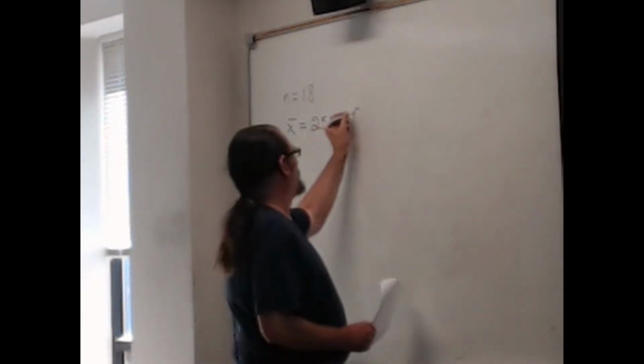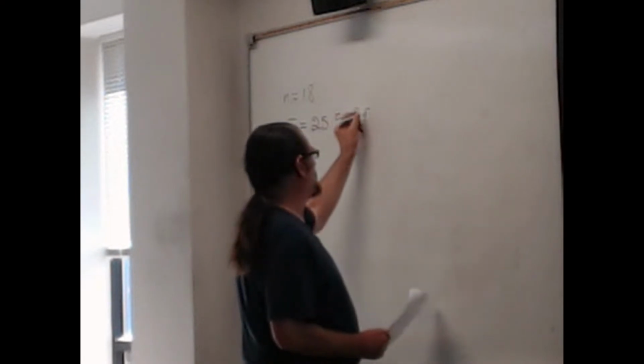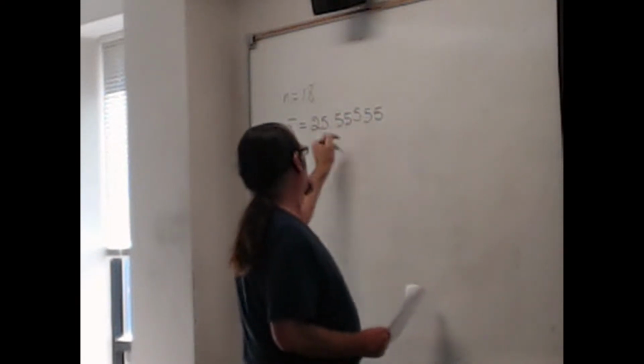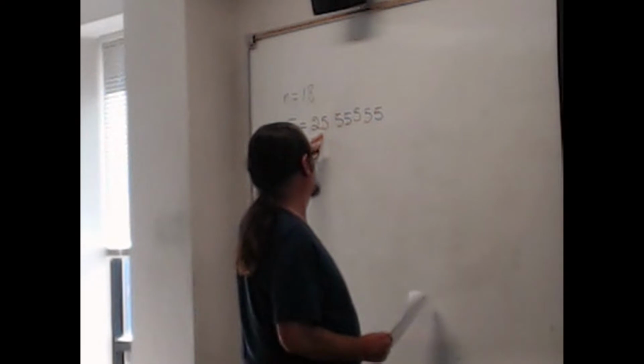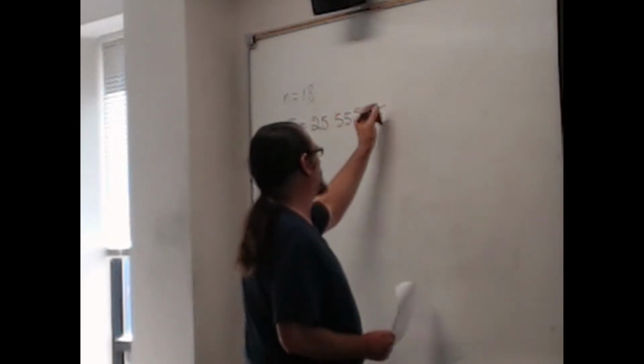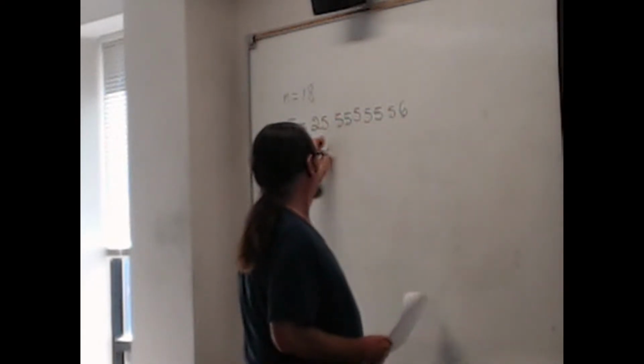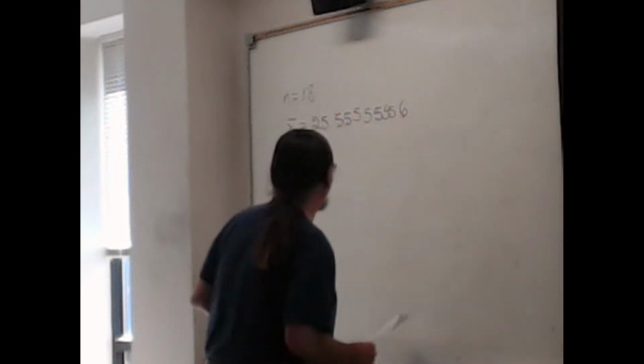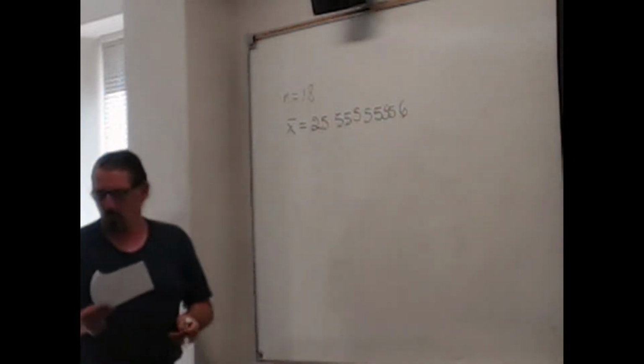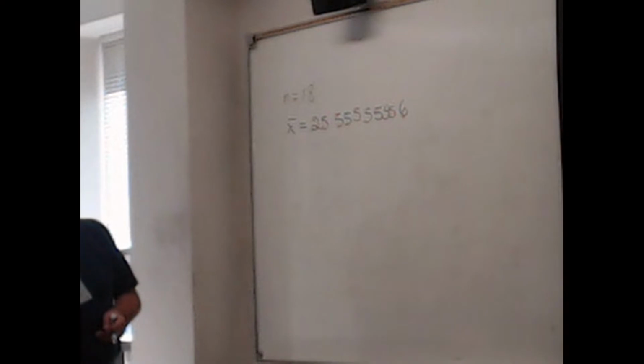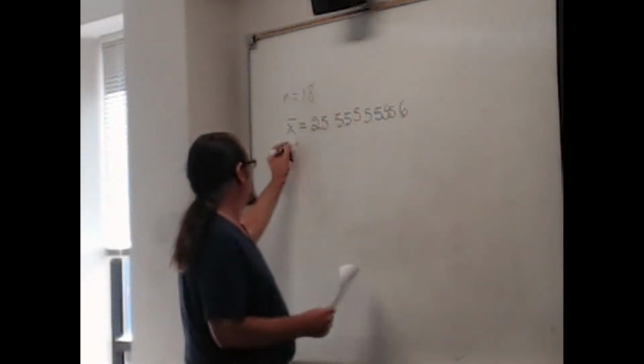After the decimal point, I think we had 7 more 5s. Well, actually, let's see, this would be 6 more. It was 7, you're right. Does anybody remember, or can you see in your notes right away, what sigma was? Sigma was 8.